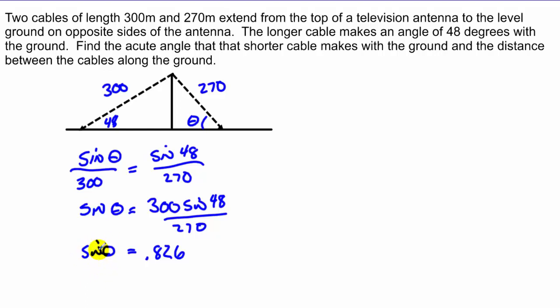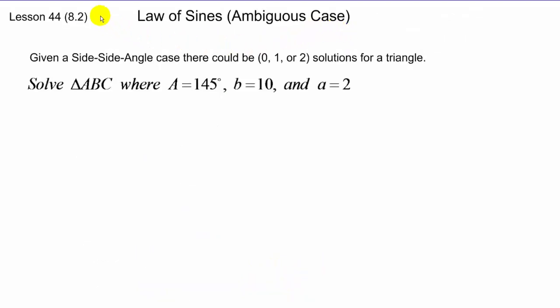So as we did in our right triangle problems, we have to find theta by taking the inverse sine of both sides of the equation. When I pop that into my calculator, I get about 55.66 degrees.